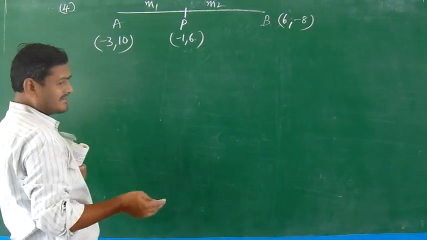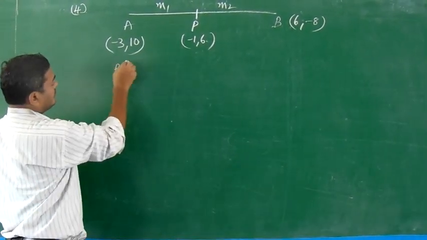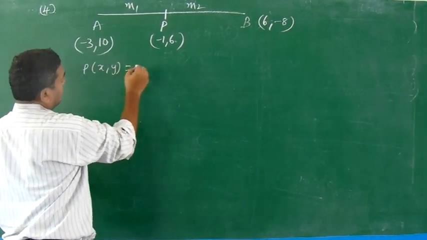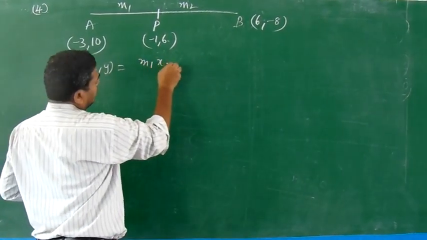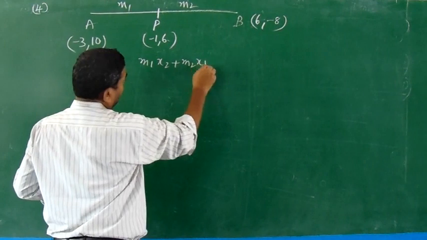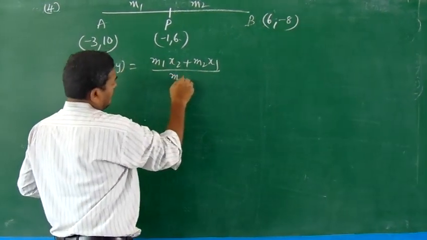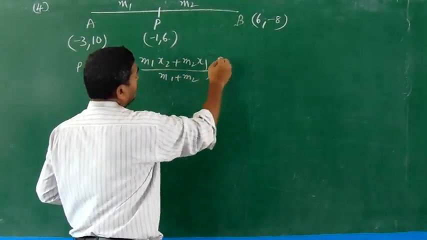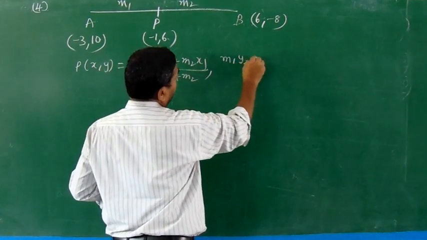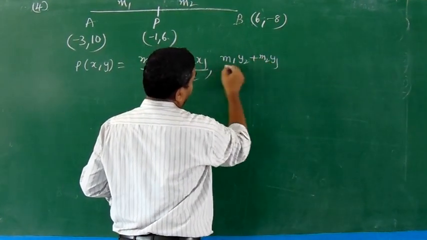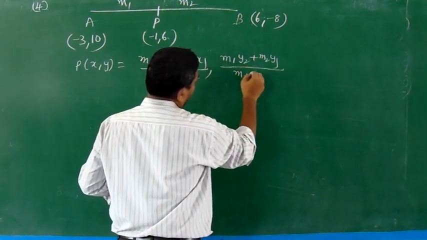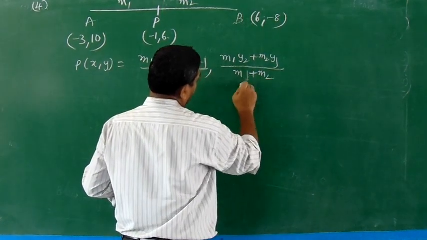Now we can apply the section formula. What is the section formula? P(x, y) equals m1 x2 plus m2 x1 by m1 plus m2, comma m1 y2 plus m2 y1 by m1 plus m2.